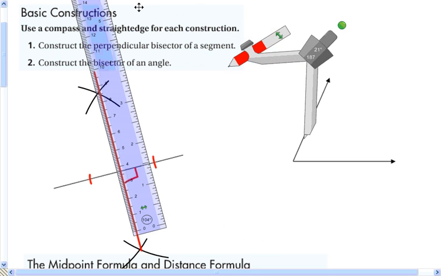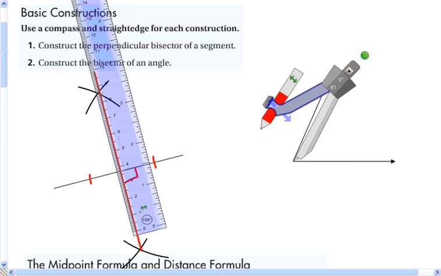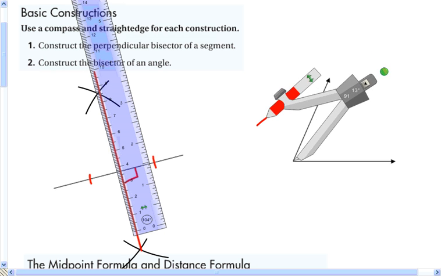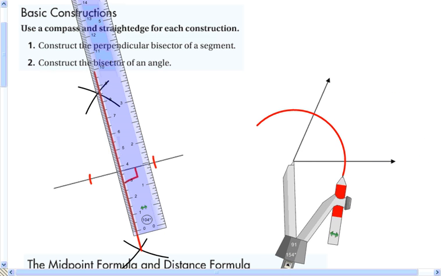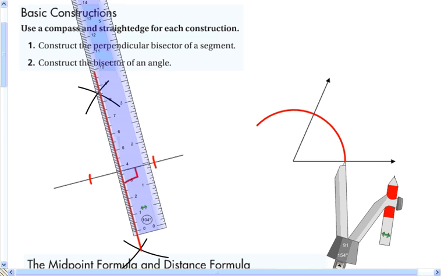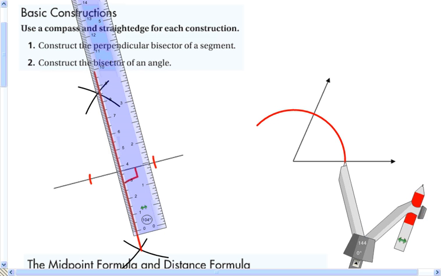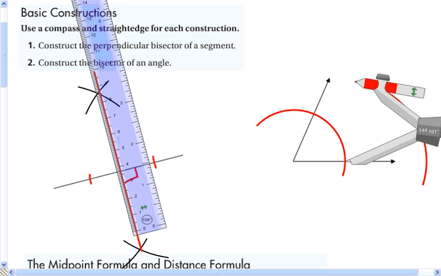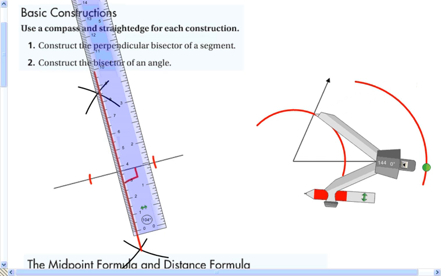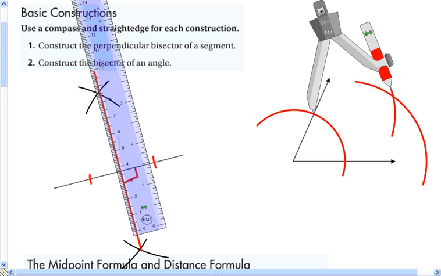To do that, I'm going to start by getting two equal distances on my angle to work with. So I'm going to draw an arc, and from that arc, so I'm at equal distances right now, I'm going to draw another arc. From both of those points.